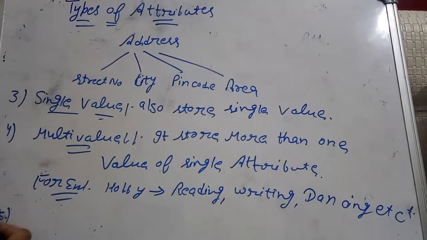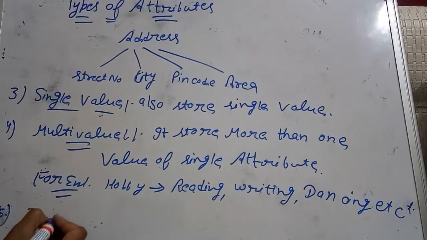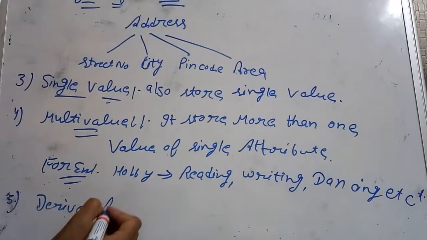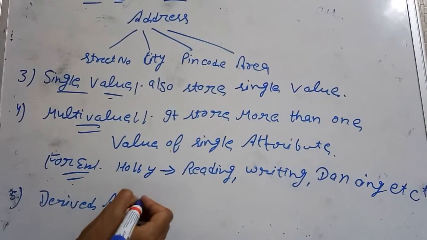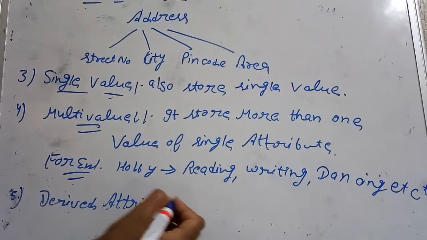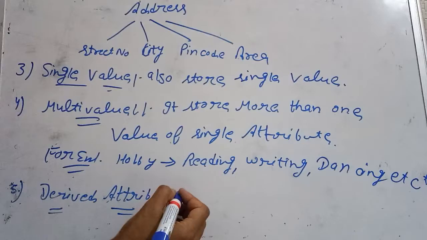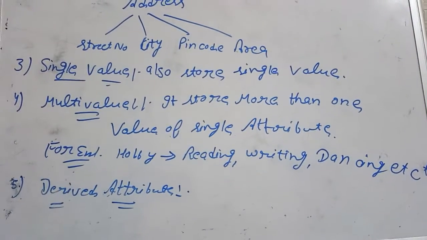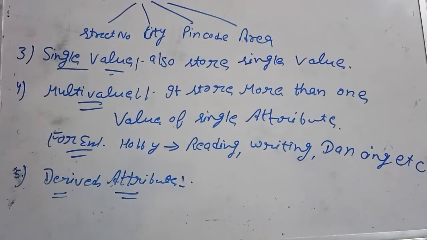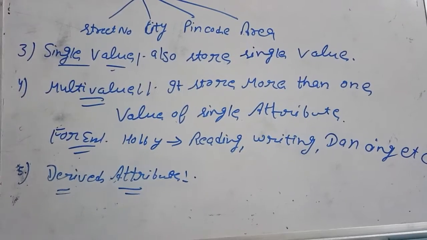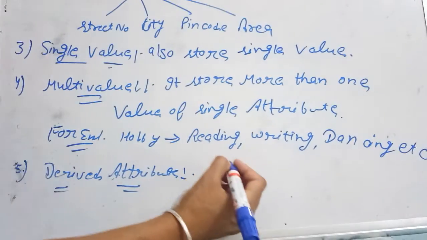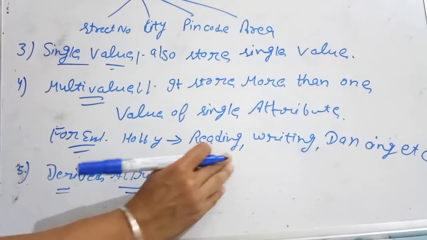Now the fifth one is derived attribute. What is a derived attribute? Guys, I explained the graphical symbol used to represent the derived attribute, like this.